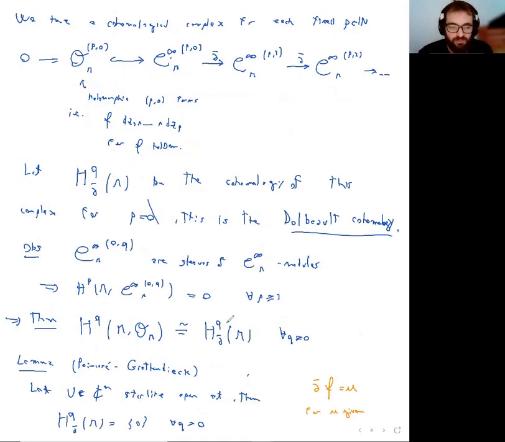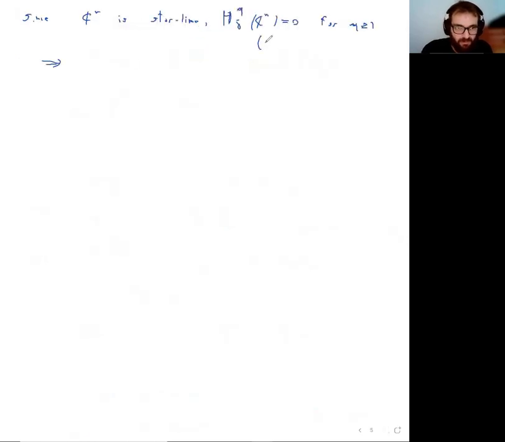So if you take q equals 0 here, you get the 0th cohomology of the sheaf of holomorphic functions, which we know is all global sections, right? So maybe I'll write it here. H0 del bar of C^n is simply all holomorphic functions on C^n. This is true for any manifold, actually.